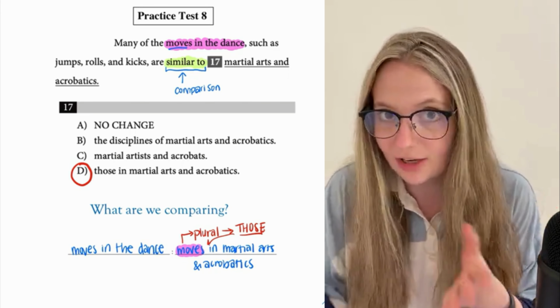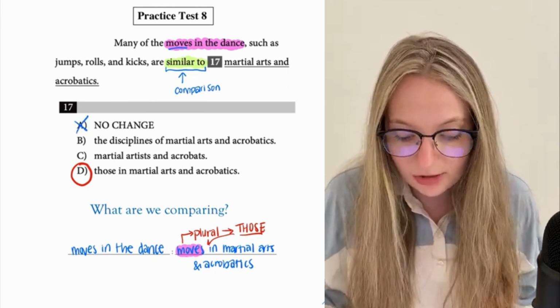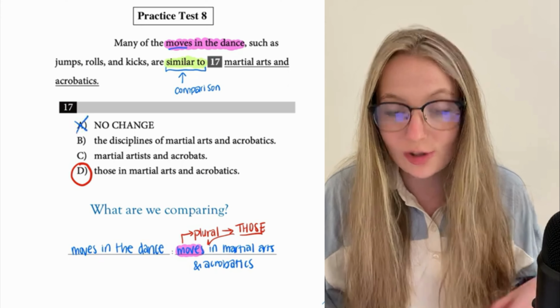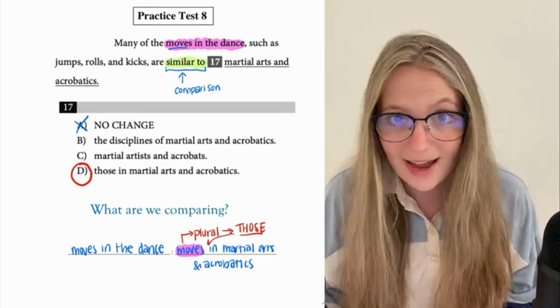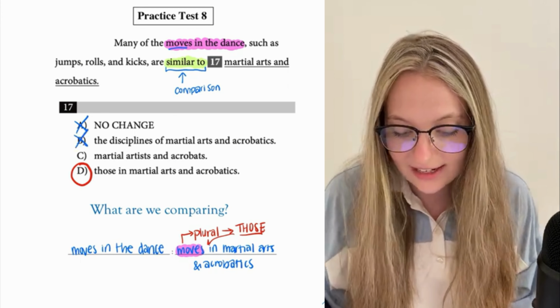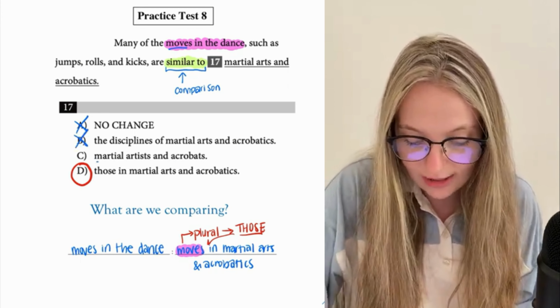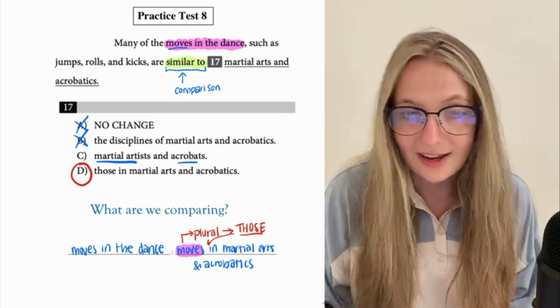That's not a valid or equal comparison. So knock out A. B is pretty much the same thing. To compare the moves to the actual discipline, the sports themselves of martial arts and acrobatics, again, that's not an equal or valid comparison. And C, to compare the moves in the dance to the actual people, the artists and the acrobats who perform the sport, is not valid.